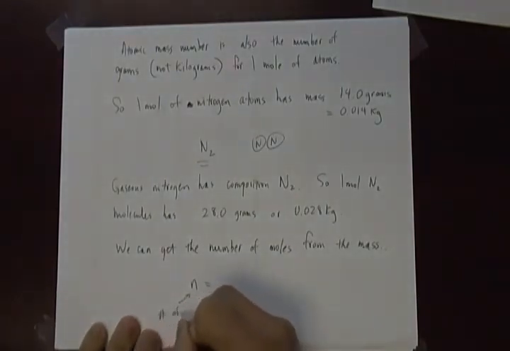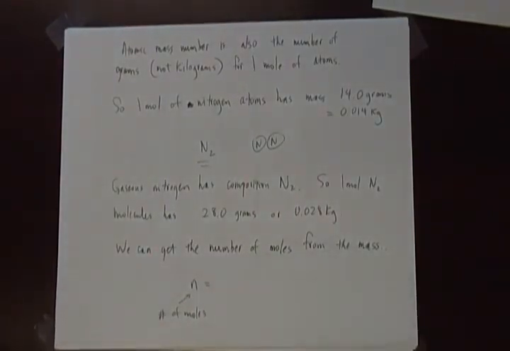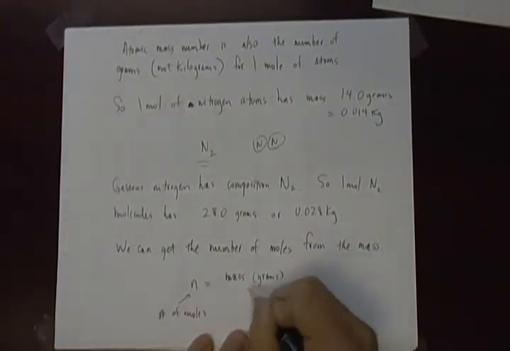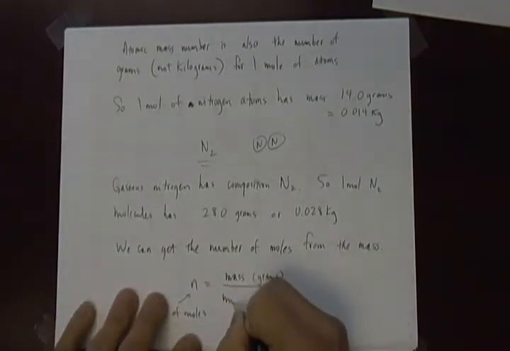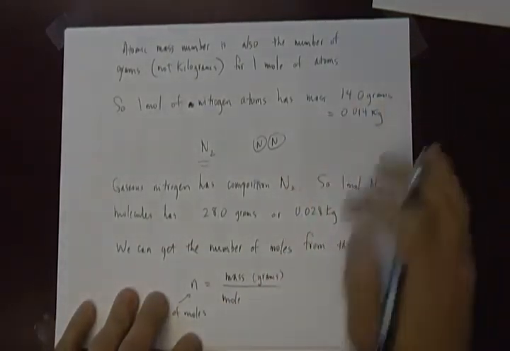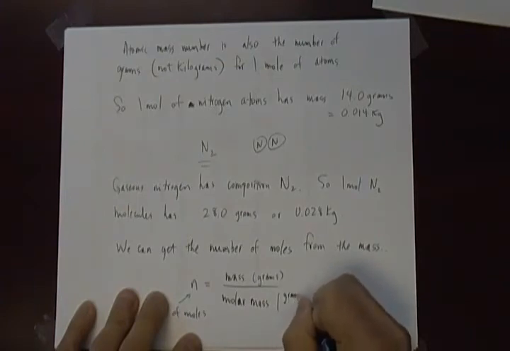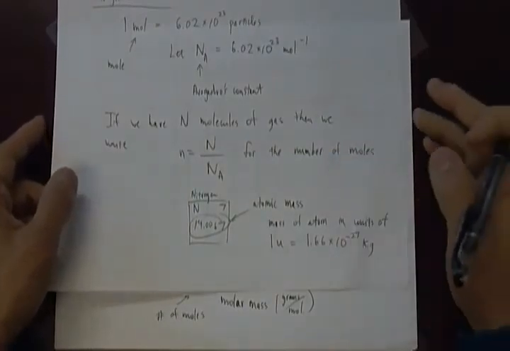That will be simply the mass, let's say measured in grams, divided by what we've been talking about, what's called the molar mass. And that's just the number of grams per mole. Right? So when we took this number 14.0067, we said that's the number of grams per mole of nitrogen. So this is what's called a molar mass, grams per mole.